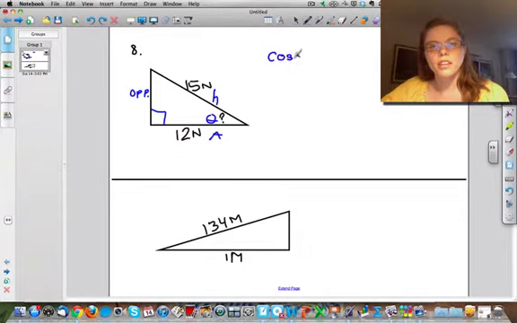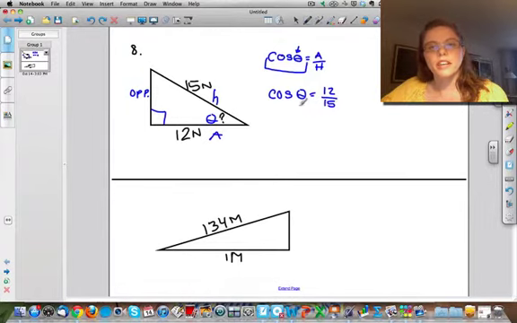Cosine theta is equal to adjacent over hypotenuse. Okay, remember that cosine theta goes together. Cosine doesn't mean anything by itself without this angle right here attached to it. So we have cosine theta, because we don't know theta, equals adjacent, which is 12, over our hypotenuse, which is 15.